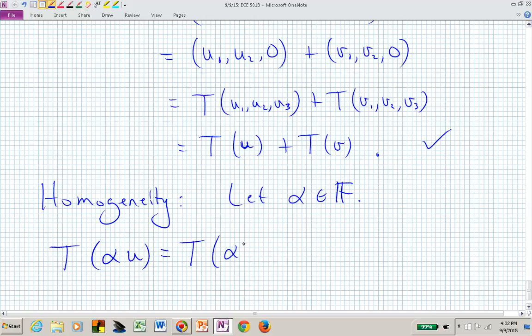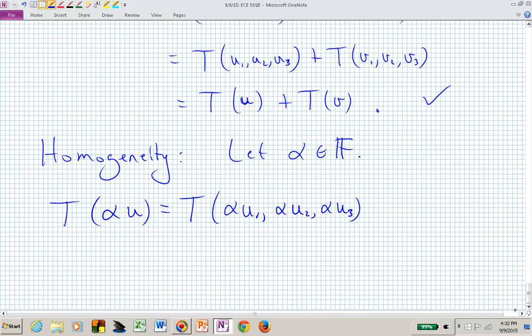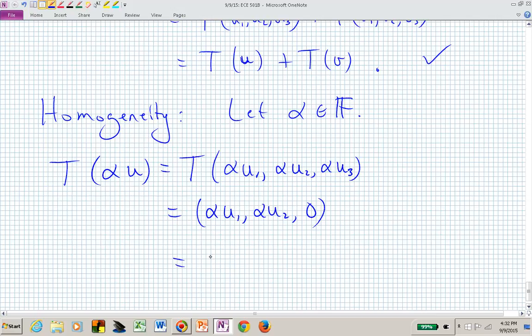Then that's scaling each coordinate with the same scalar alpha. If we now pass those through that map, we end up with alpha u1, alpha u2, 0. But that scalar can be factored out of that vector.